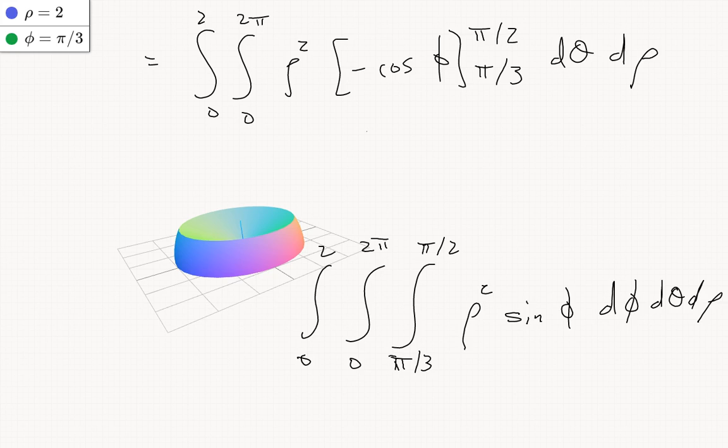So this one is 0, and then cos of pi over 3 is 1/2.